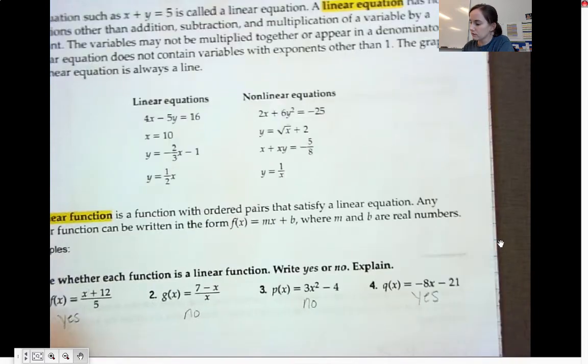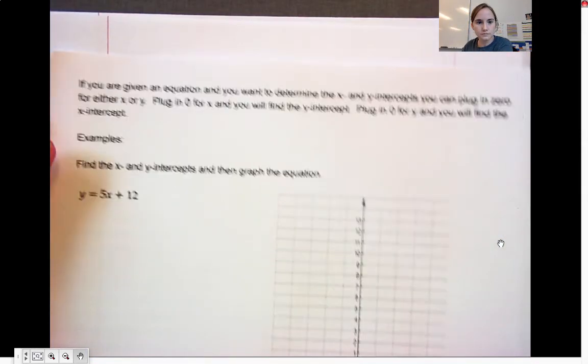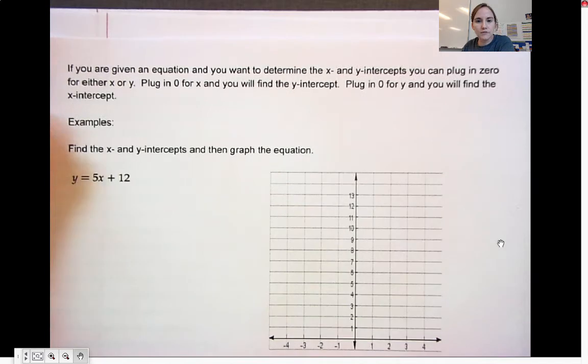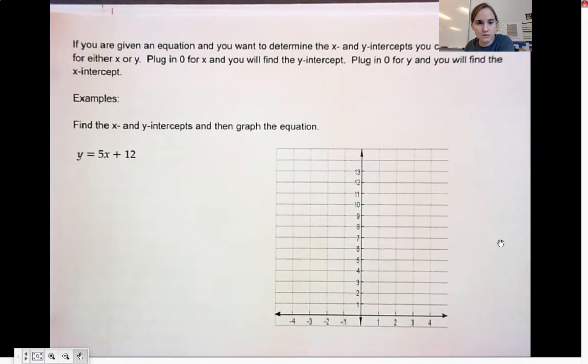Flipping over, not flipping over, going on to this third page, sorry. If you're given an equation, maybe you're not given a graph, you can't look at the graph and determine what the x and the y intercept is, you can plug in 0 for either the x or the y to find the intercepts.